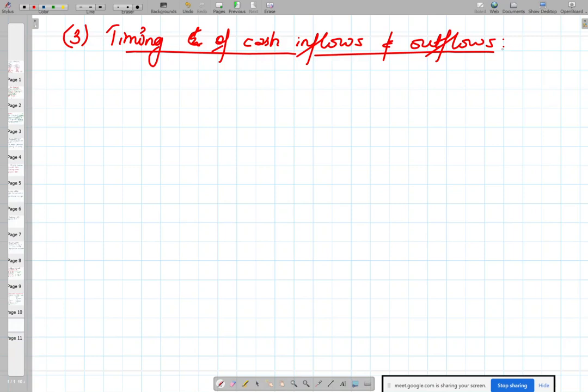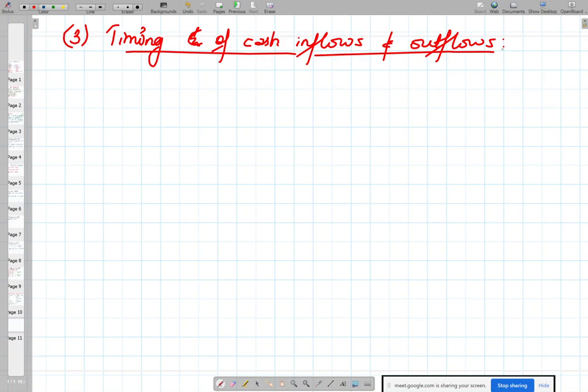It can never happen that the same time when you need money to pay off some expenses, somebody is going to pay you the dues which they owe you.